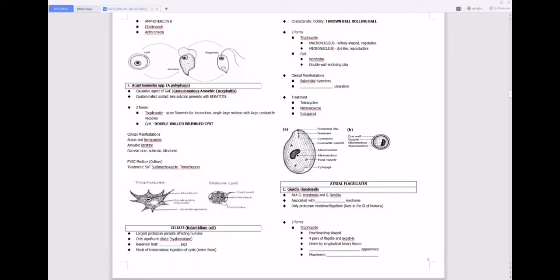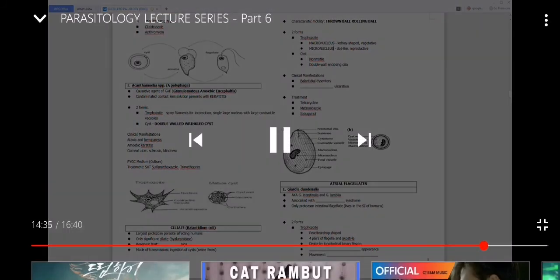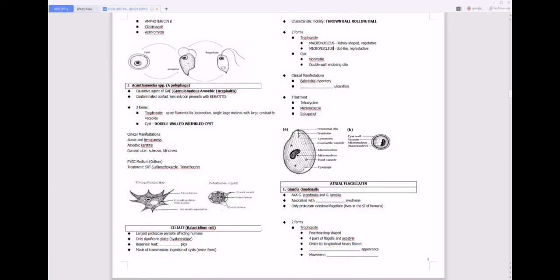Okay? So next, its clinical manifestations are balantidial dysentery and ulceration with round base and wide neck, also called wine glass ulceration.